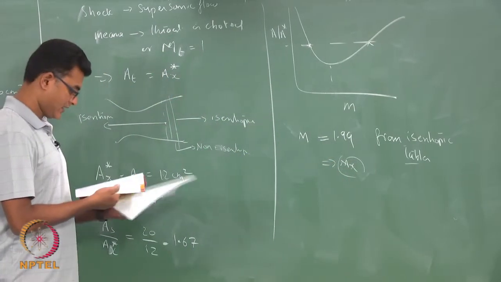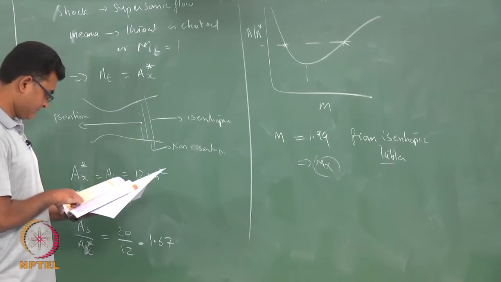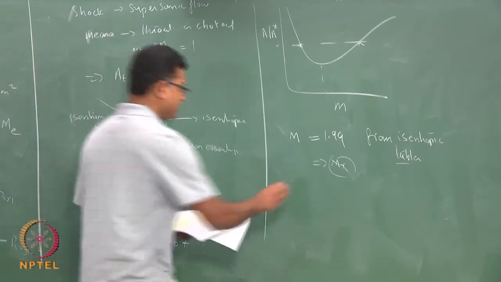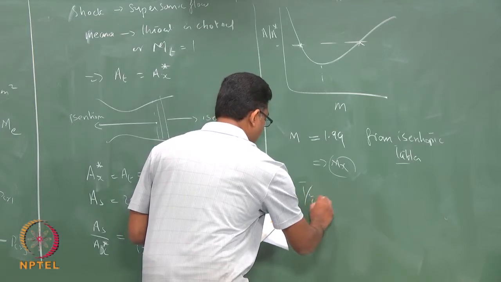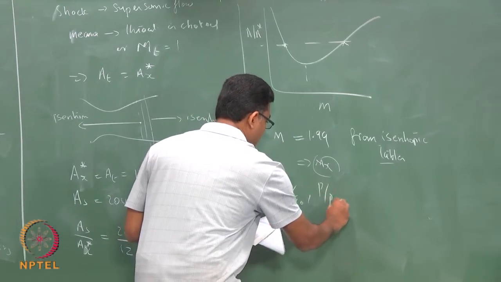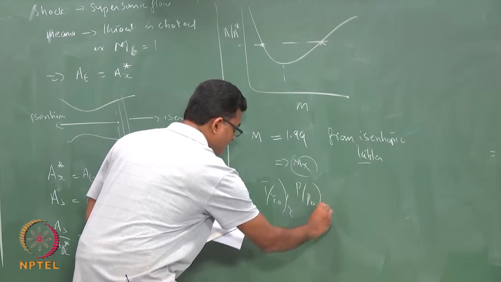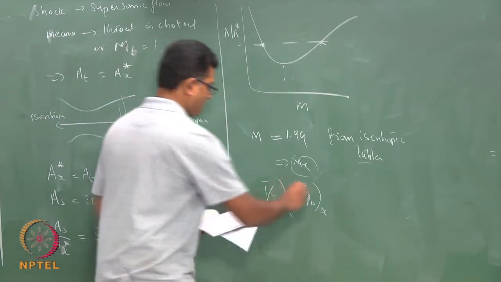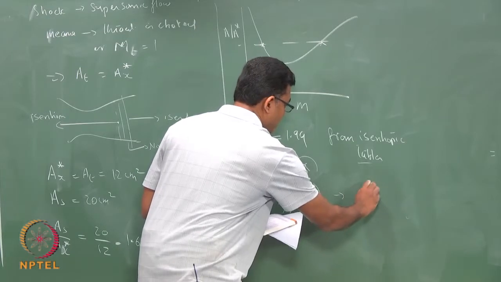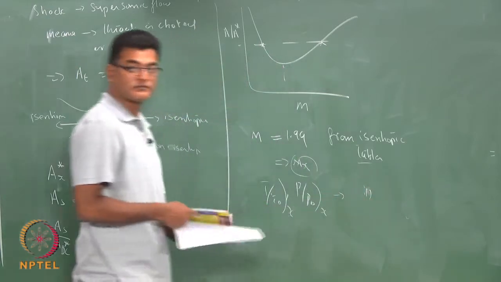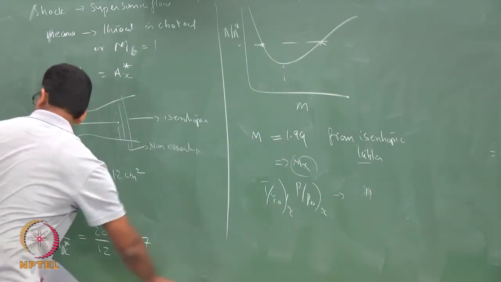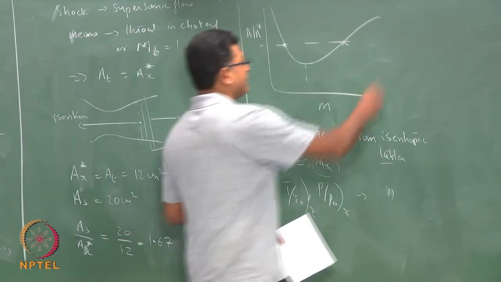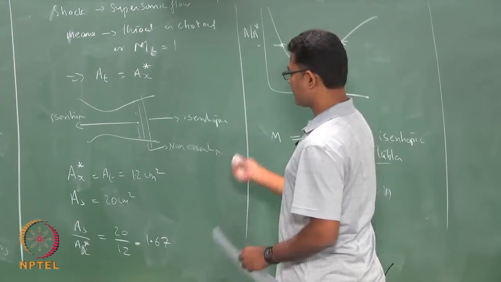Okay. So, I can get all the properties at Mx using my isentropic table. I take the isentropic table, 1.99 will give me T by T0, P by P0, all at x, before the shock, from isentropic tables. Now, the question is to find the properties across the shock.